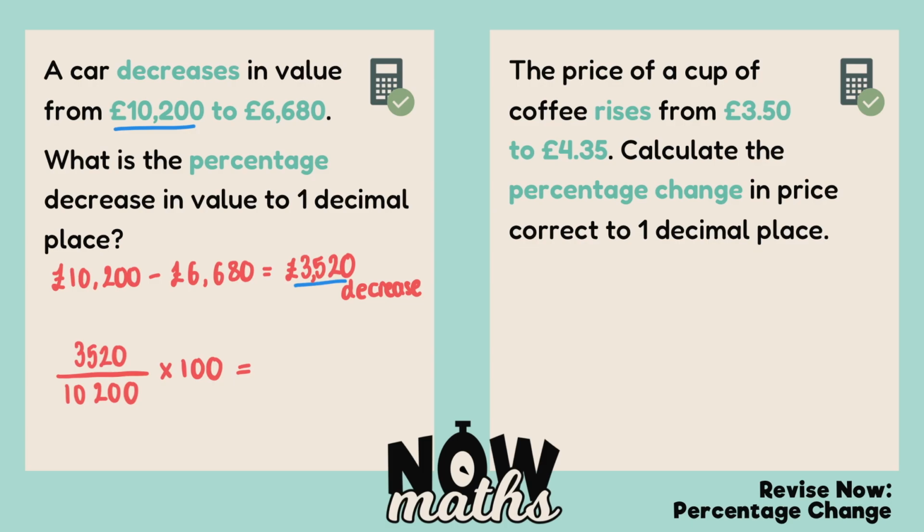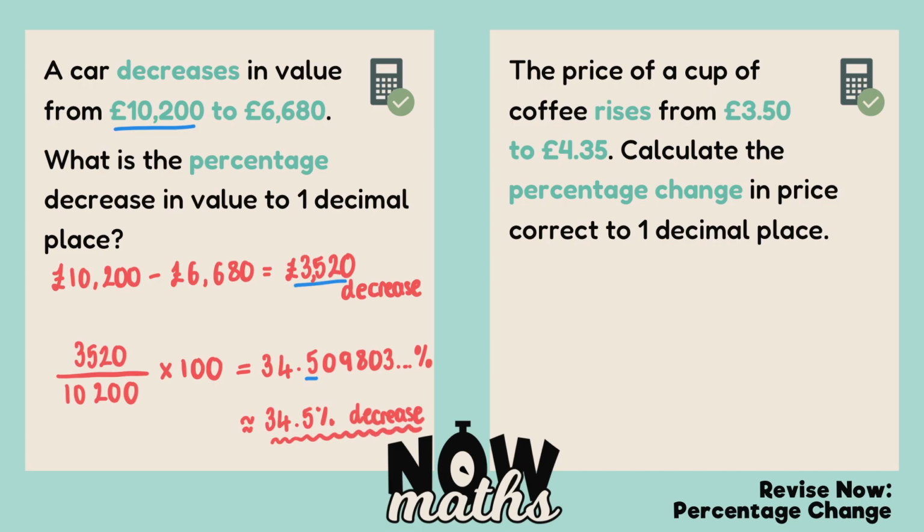And when we do that, we get a decimal coming up, which is 34.509803, and this decimal goes on infinitely, and this is our percentage. Now the question asks for our percentage to one decimal place. So if we round this to one decimal place, we get 34.5%. So the answer to our question is that there has been a 34.5% decrease.